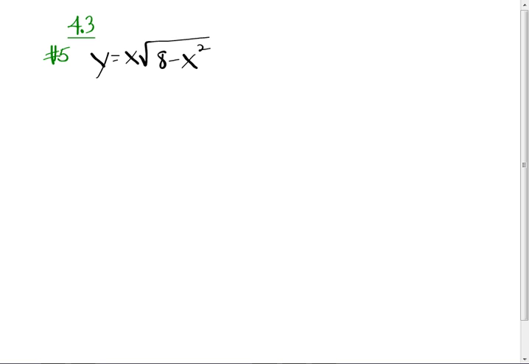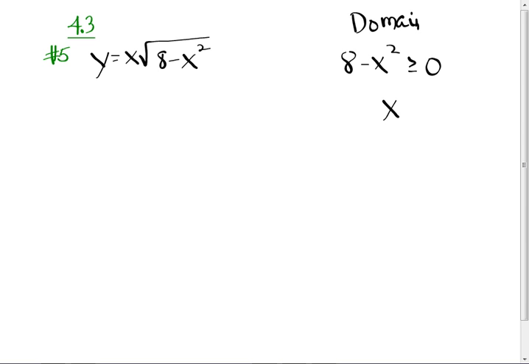What's the domain of this function? Well, what's true about 8 minus x squared? It's got to be greater than or equal to 0.